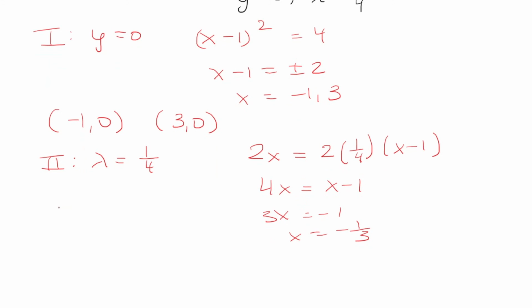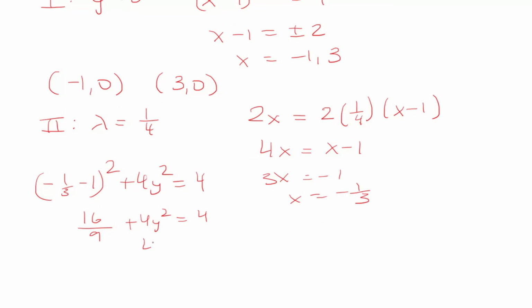Okay, let's find the y value. For that, we have to plug in negative 1/3 in for x. And then we have 4y squared equals 4. Negative 1/3 minus 1 is negative 4/3. Square that, you get 16 over 9. And now we can subtract both sides by 16 over 9.